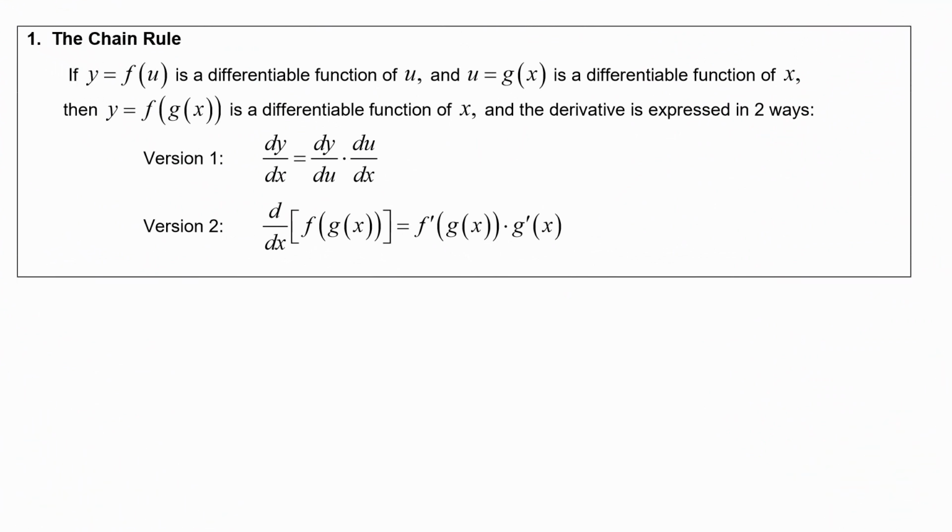So this brings us to the main concept of this lesson, which is the chain rule. If y equals f of u is a differentiable function of variable u, and u equals g of x is a differentiable function of variable x, then y equals f of g of x is a differentiable function of the variable x, and the derivative is expressed in two ways.